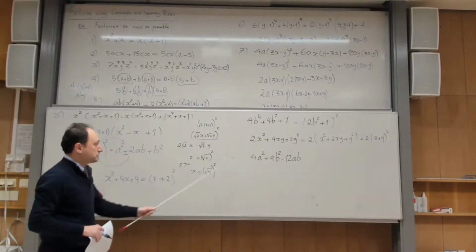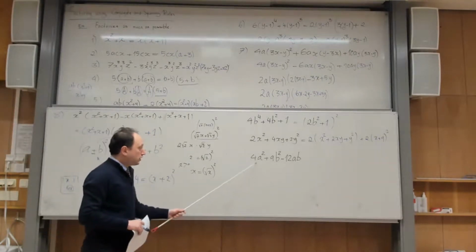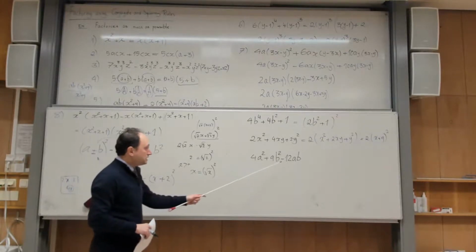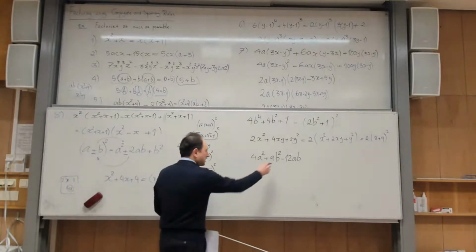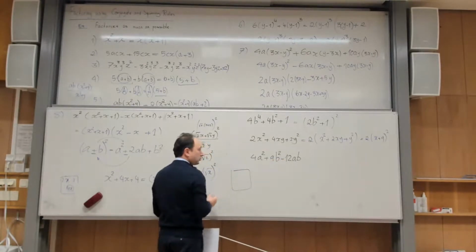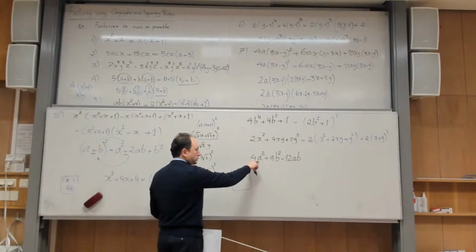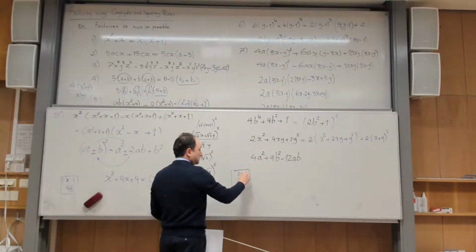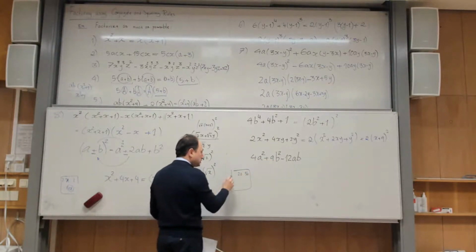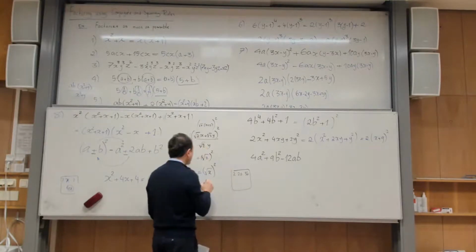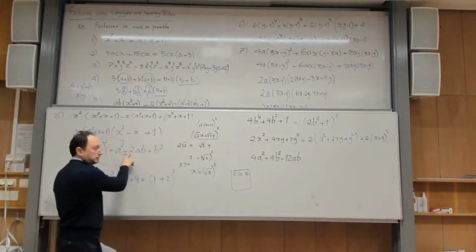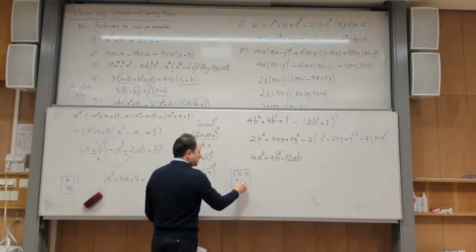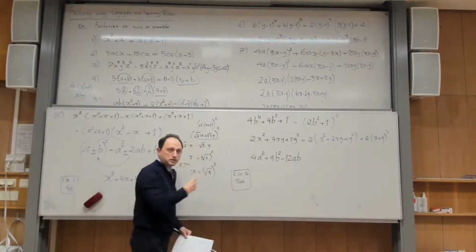Because there are 3 terms involved. 2 of them are complete squares, and then the middle one is important. You go to scratch paper or you do it in your head. The square root of this is 2a. The square root of this is 3b. Multiply them, but you always have to multiply by an extra 2 because of the 2 in the formula. Then it becomes what? 12ab. Is 12ab here? Yes. So that is the pattern.